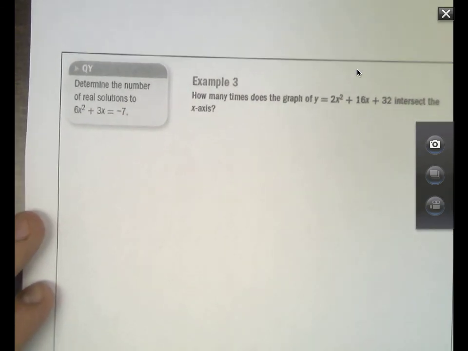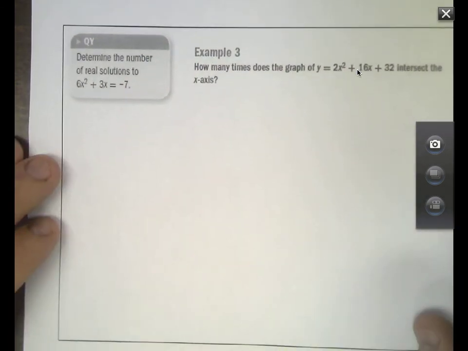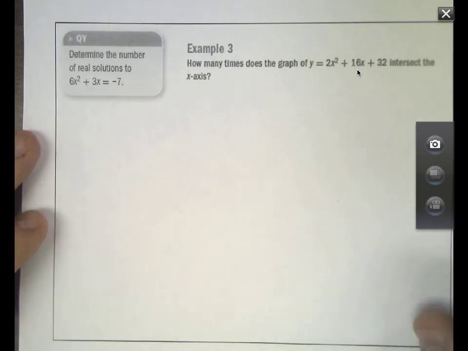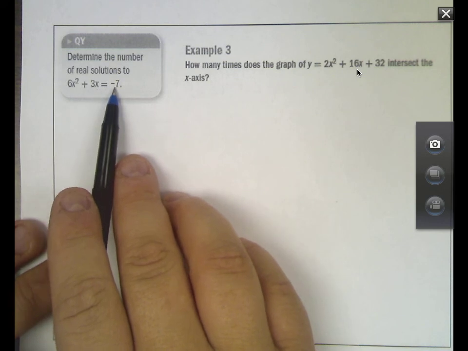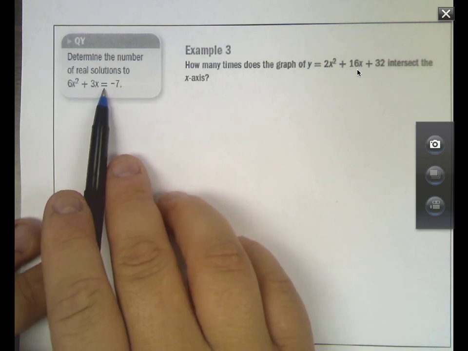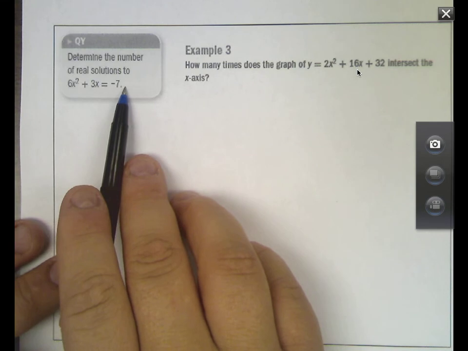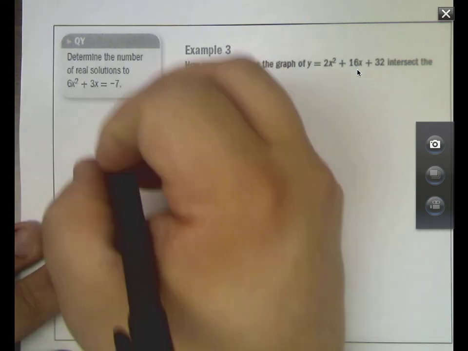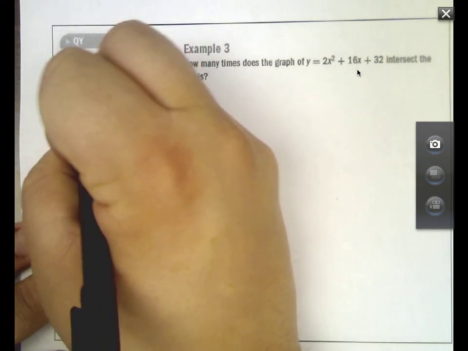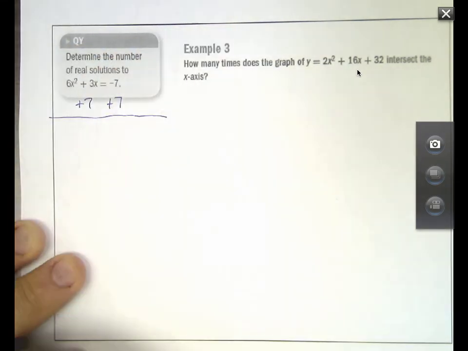Okay? Moving on. Let's do it without using our graphs. That's what this is all about. Quiz yourself. Determine the number of real solutions to 6x squared plus 3x is equal to a -7. Well, we don't want that to say equal to a -7. We want that to say equals 0.